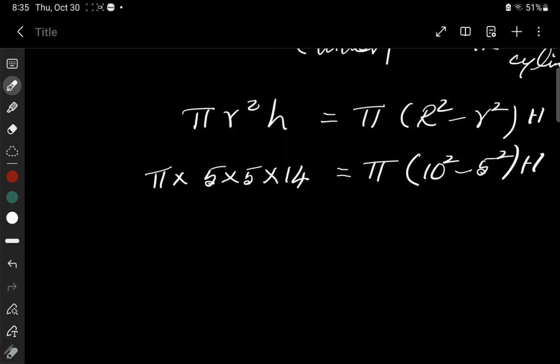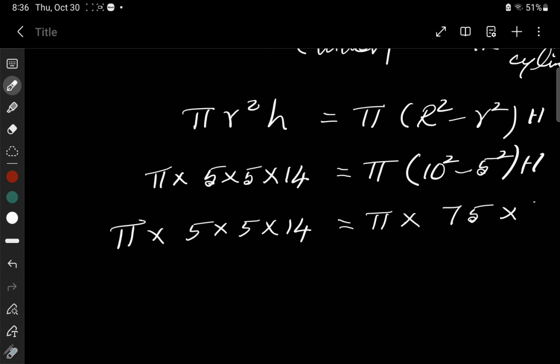This is the height of the wall around the well, the height of the embankment. So pi into 5 into 14 is equal to, you do the calculation of this, 10 squared is 100. 100 minus 5 squared, 25. So that is 75 into H. I have to get capital H.